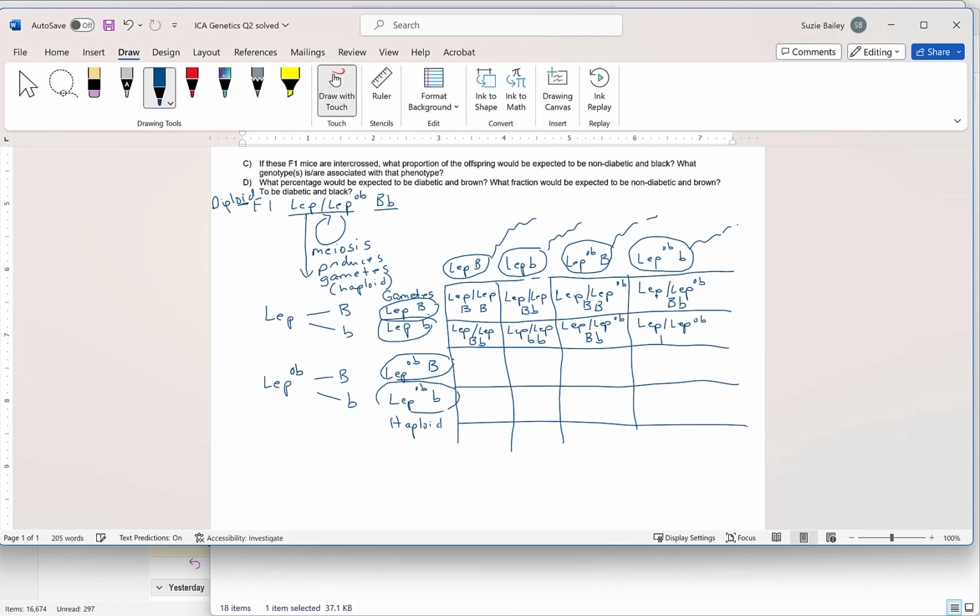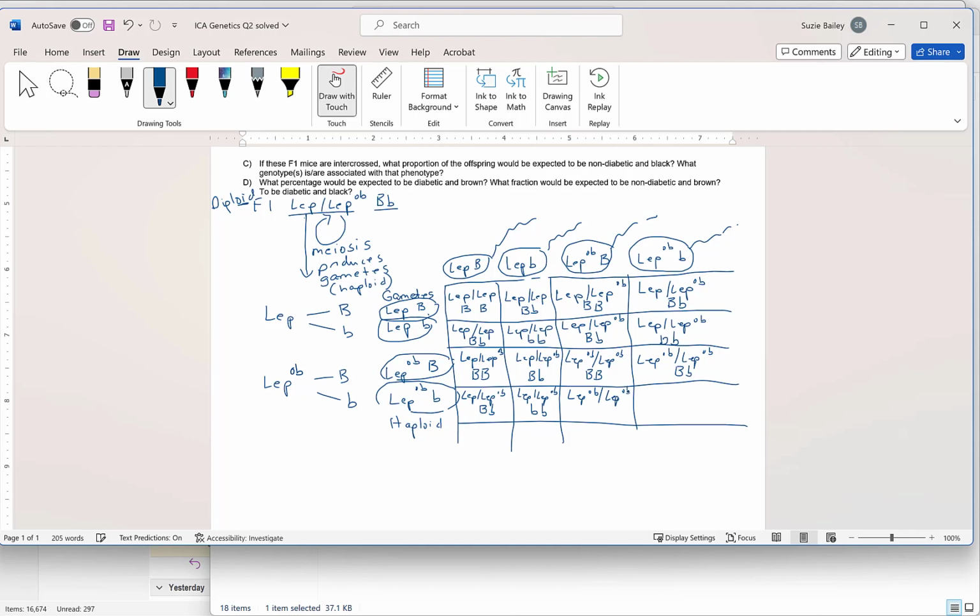Should be lowercase b, lep OB, capital B, lep OB, capital B, lowercase b, lep OB, capital B, lep OB, capital B, lowercase b, lep OB, capital B, lowercase b, lep OB, lowercase, lep OB.